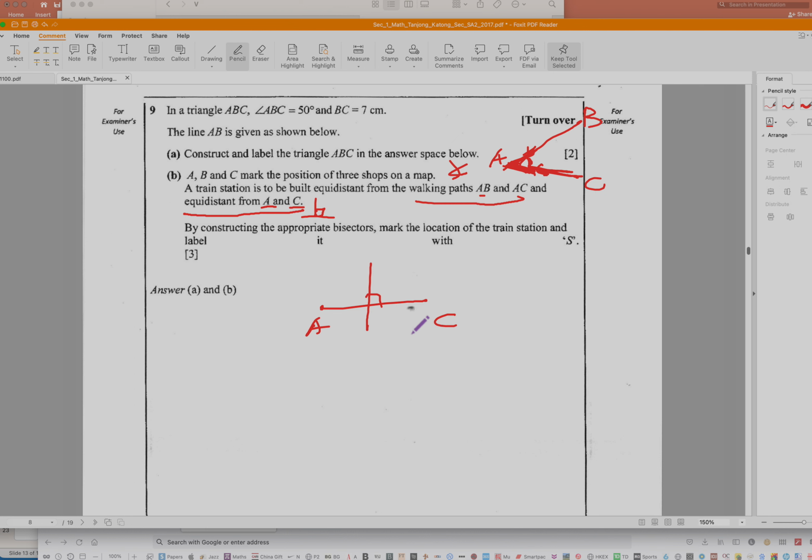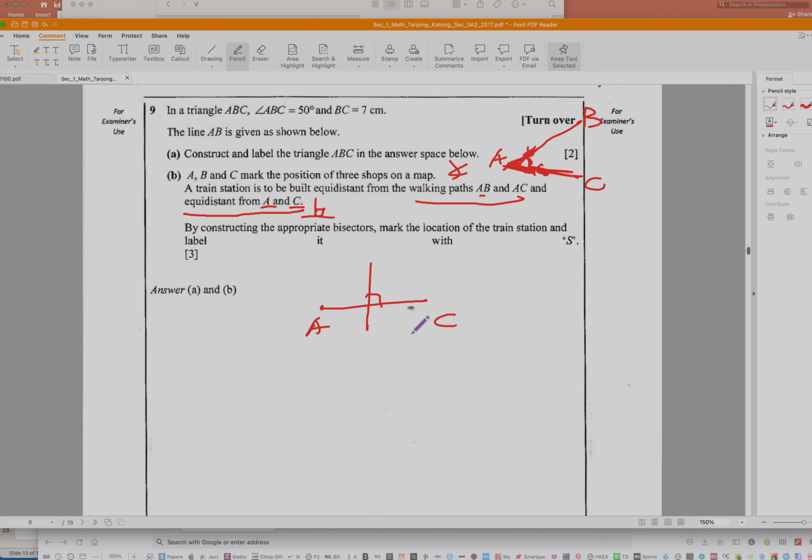Wait, you pointed the wrong one already. You should be here. Yes, link it up. Okay, good. This is the point. So you join here. Extend it out. Good.